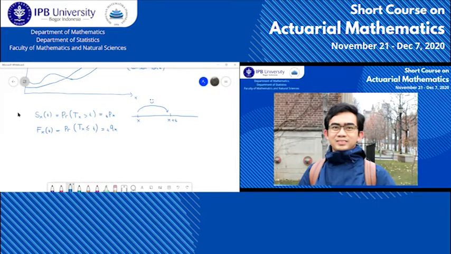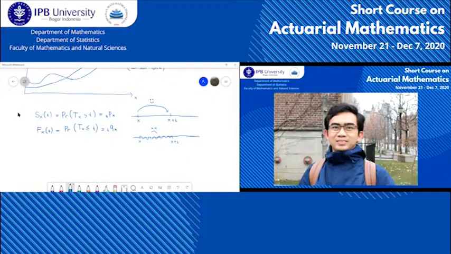If we draw the timeline, for example, this one is age x, this one is age x plus t. So tqx is the probability that x will die within t years. So like this.